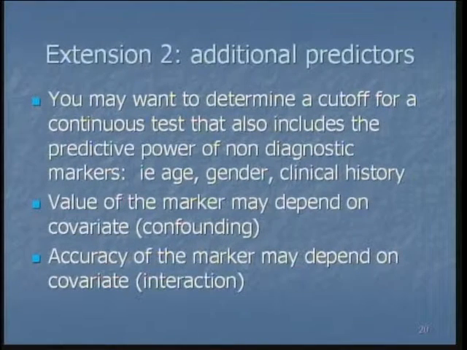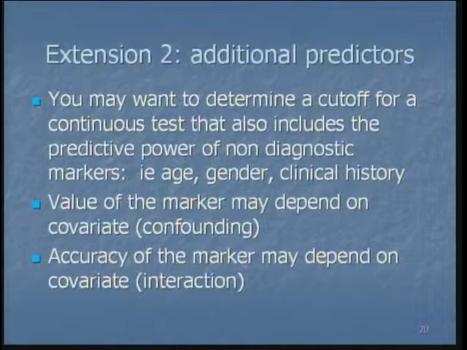Now, we no longer just have a marker and a disease status, but we also have other factors that we either know or suspect to be clinically meaningful that might help to predict either disease status or the performance of the marker. So you may just have demographics that you know are related to the outcome, and you may want to include those. There are two reasons why you would want to include those.